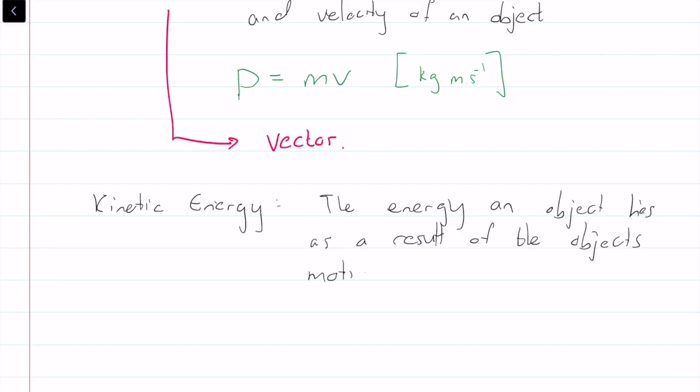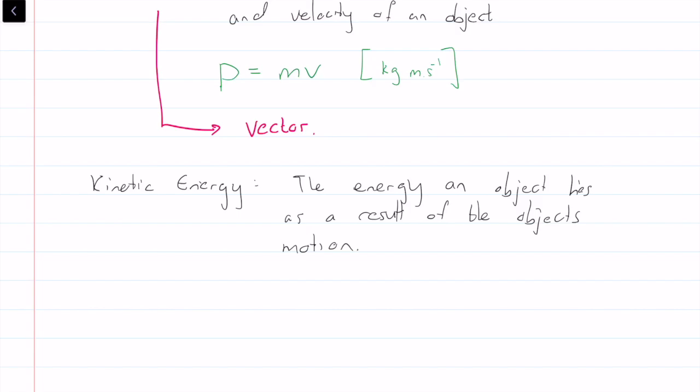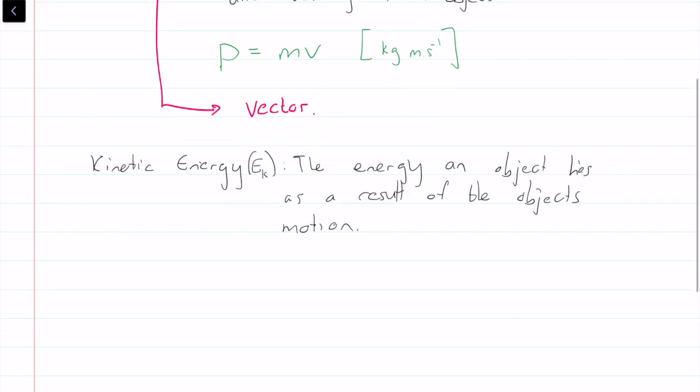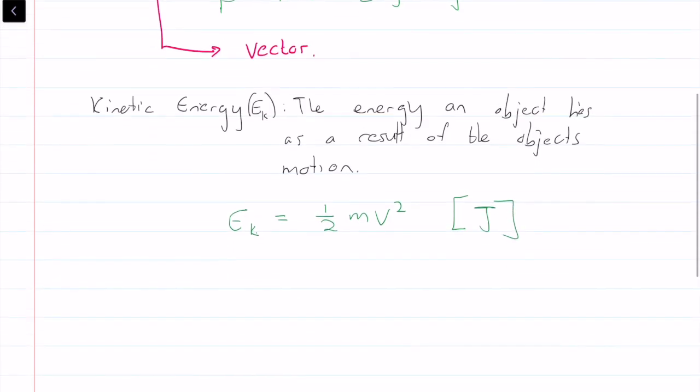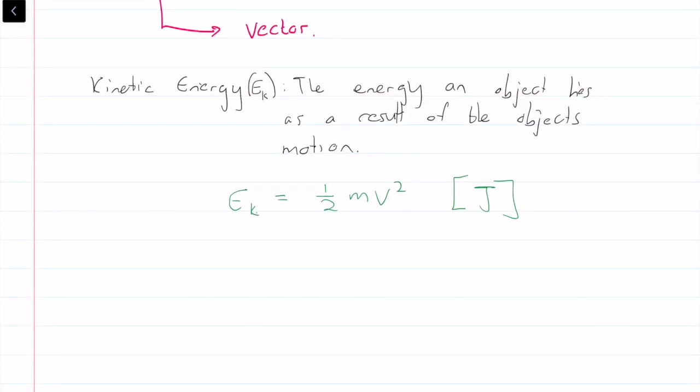I'm hoping that most people are familiar with what kinetic energy is. The symbol for kinetic energy is EK, and it's equal to a half mass times velocity squared, and it has units of joules. And energy is always a scalar.